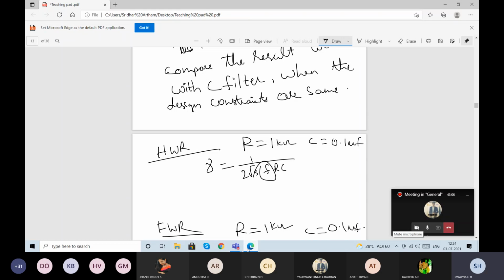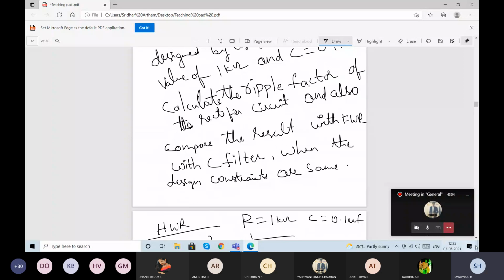But from where will you get this f value? Can anybody tell me what the f value is?